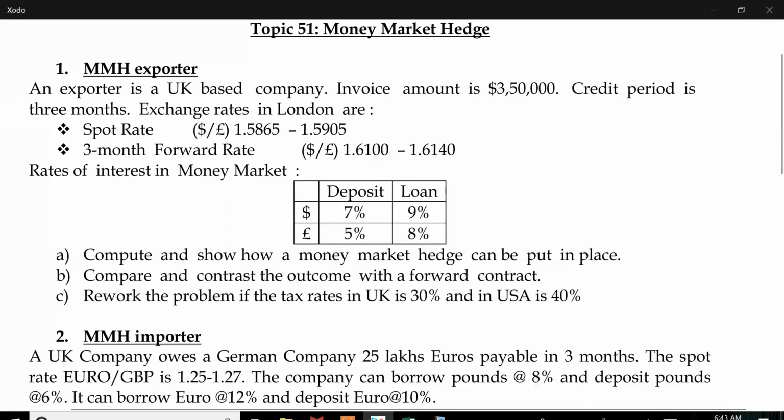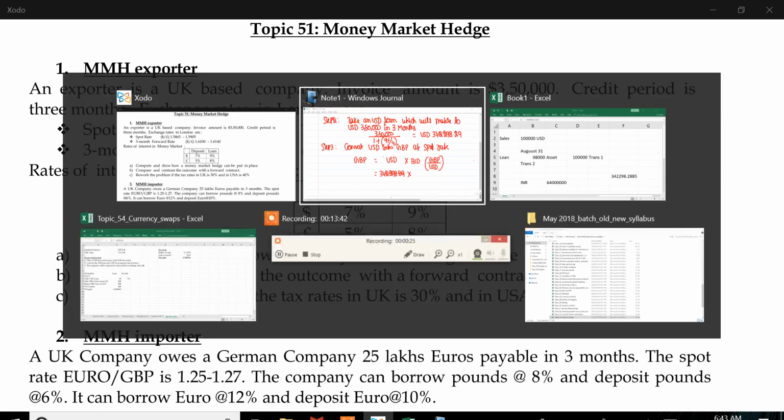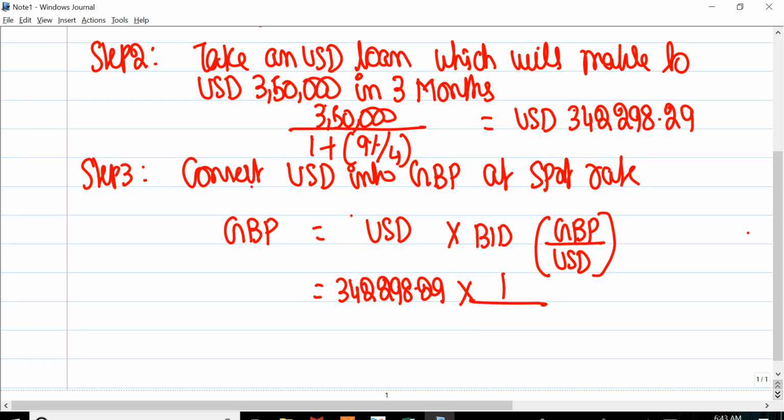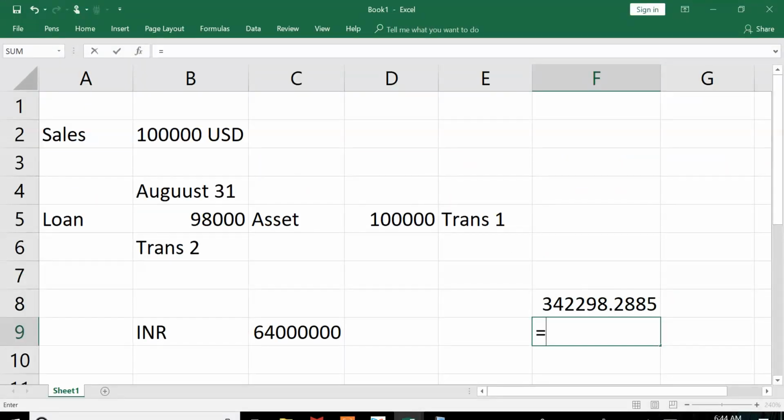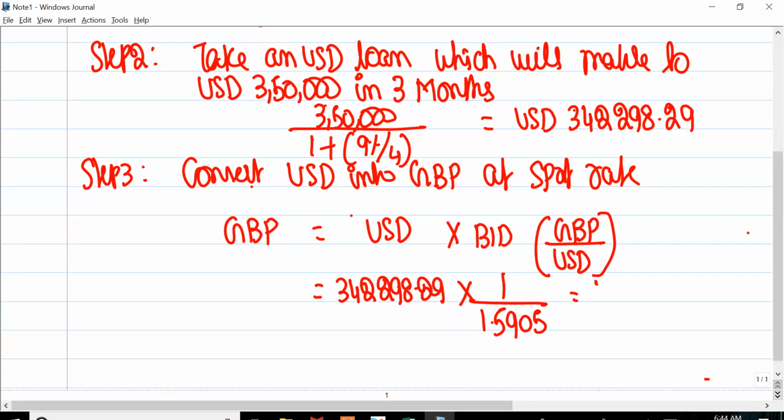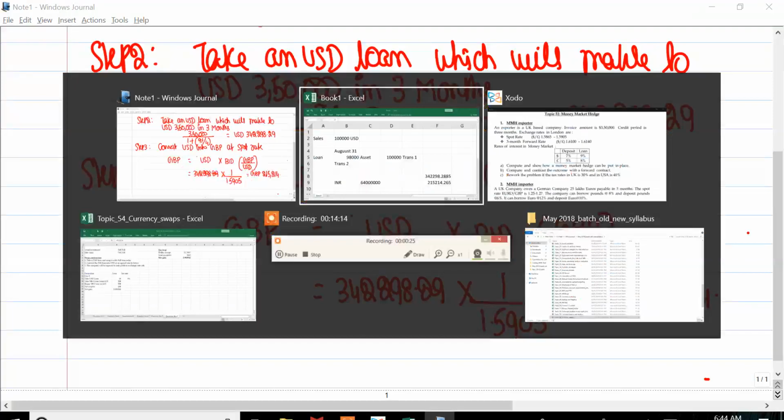Bid GBP per USD is, it is USD per GBP that is given. So we'll have to do 1 divided by ask, into 1 divided by 1.5905. That is GBP 215,214. Currency is very important. 2,15,214.